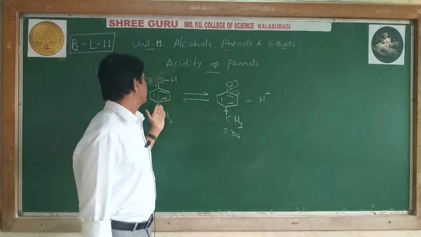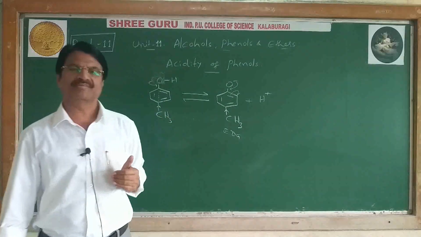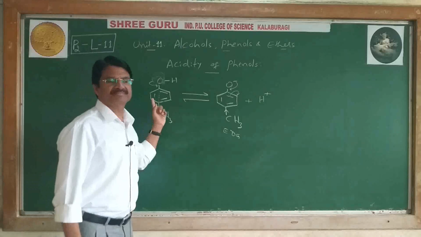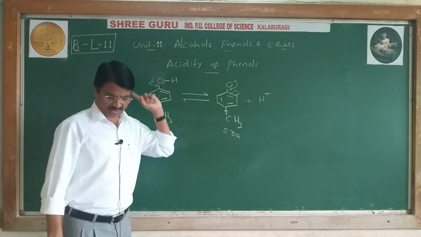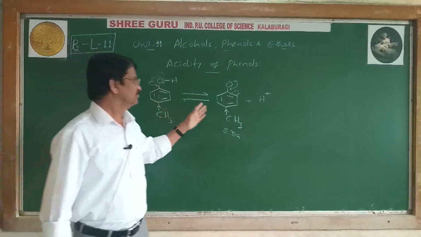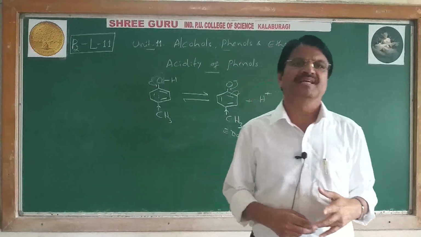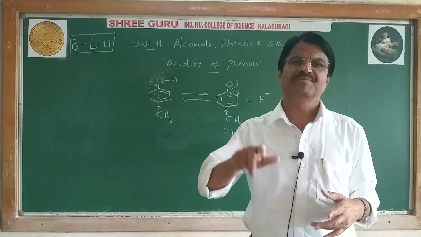Therefore, methyl phenol or cresol is said to be what? Less acidic than phenol. And the reason, yes, methyl phenoxide ion is less resonance stabilized than phenoxide ion.